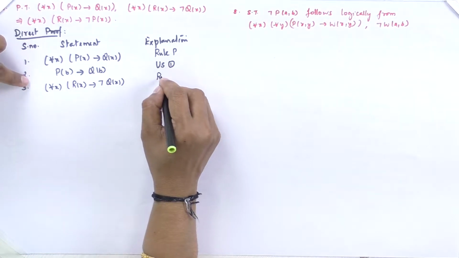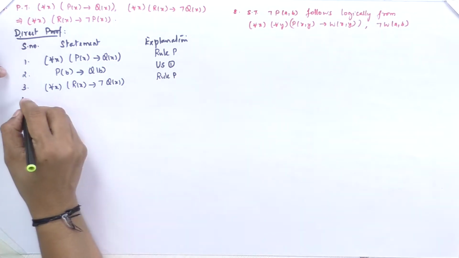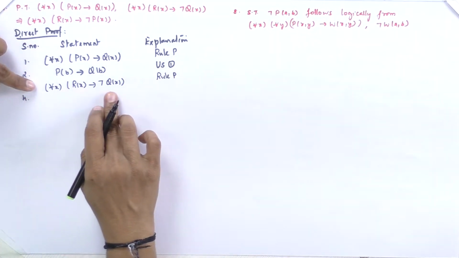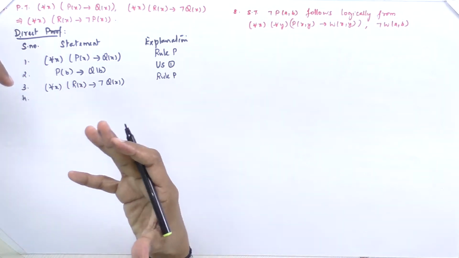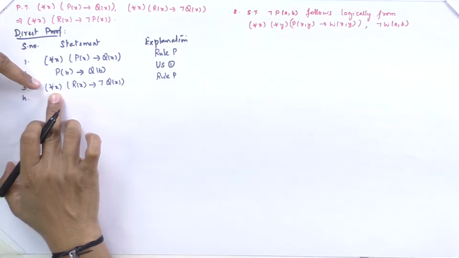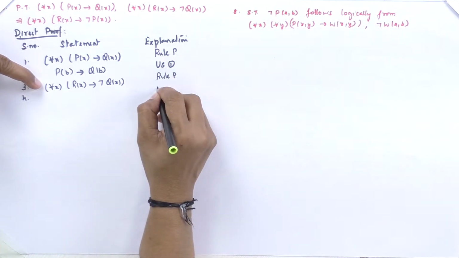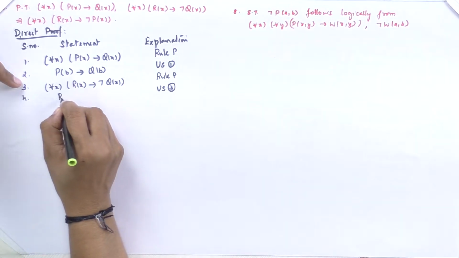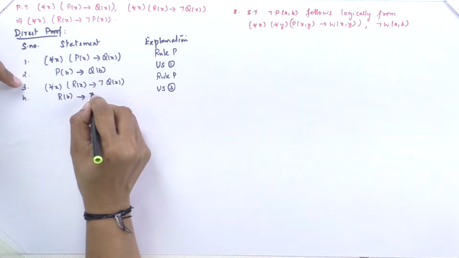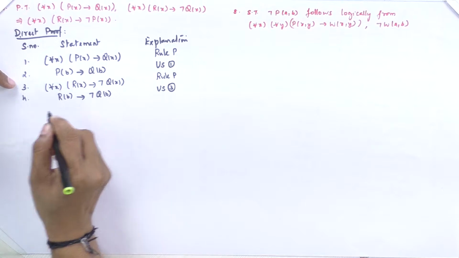What is this called? This is rule P. Again, even if we want to apply laws of implication and equivalence here, I will have to remove this quantification symbol. So that is US on 3. We will have it as r of b conditional not q of b.